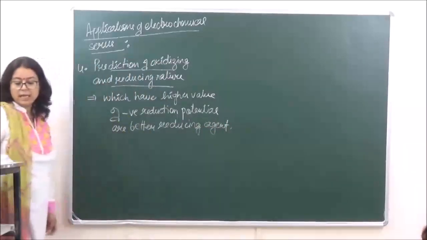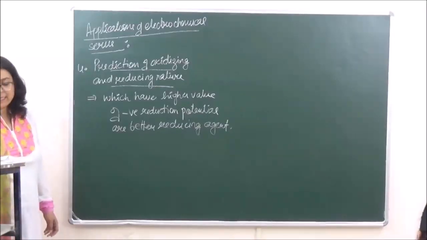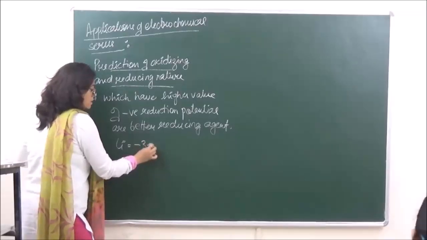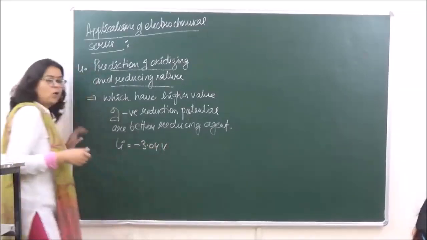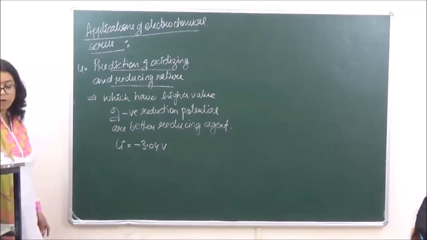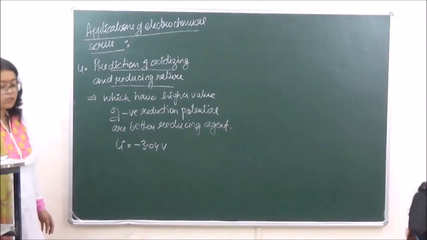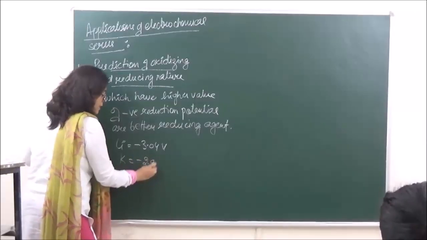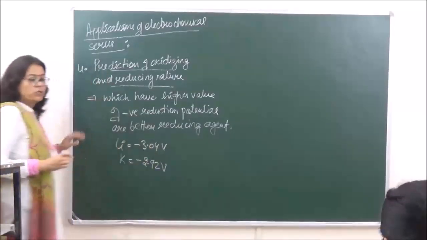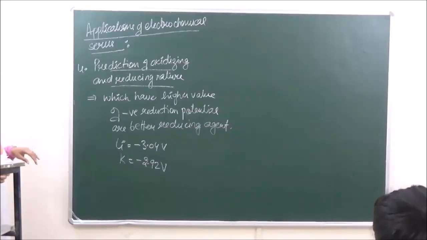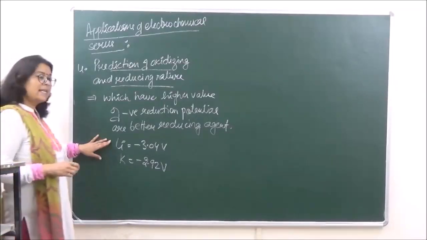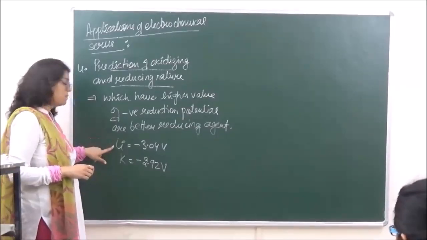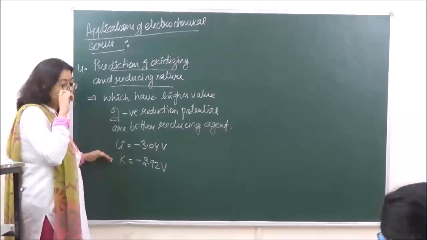As for example, if we are comparing lithium with a value of minus 3.05 volt and that of potassium, minus 2.92 volts, you can see that lithium has a higher value of negative reduction potential, so lithium is going to be a better reducing agent than potassium.